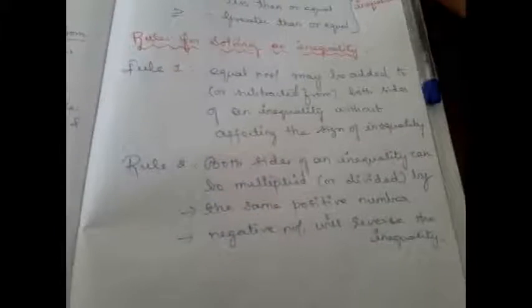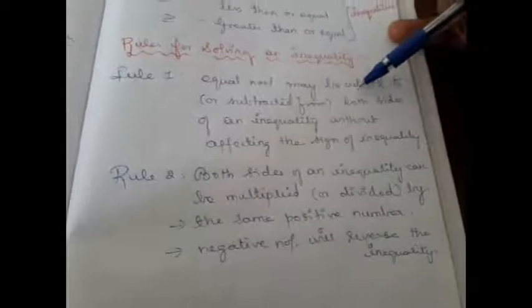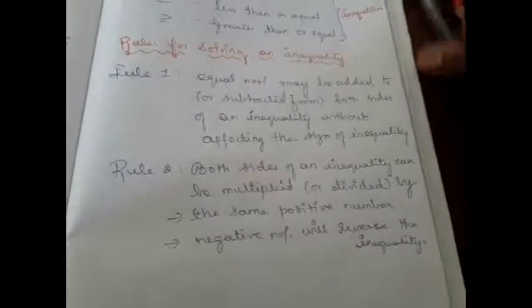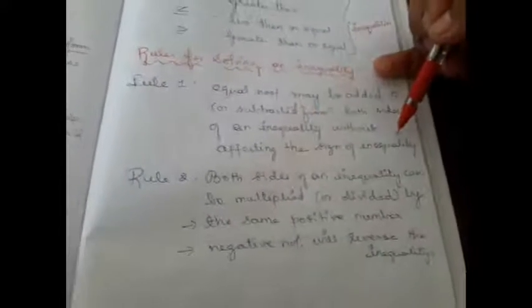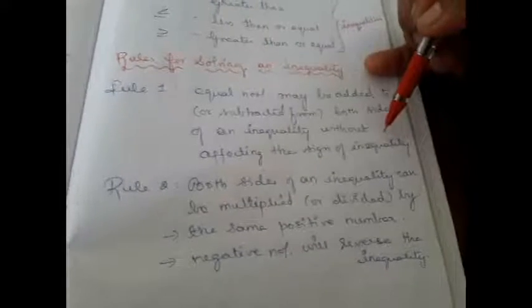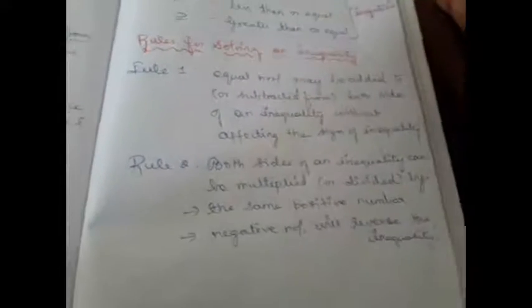Now let us see what are all the rules to solve an inequality. Rule number 1. Equal numbers may be added to or subtracted from both sides of an inequality without affecting the sign of inequality. Normally we do these rules in solving an equation as well.